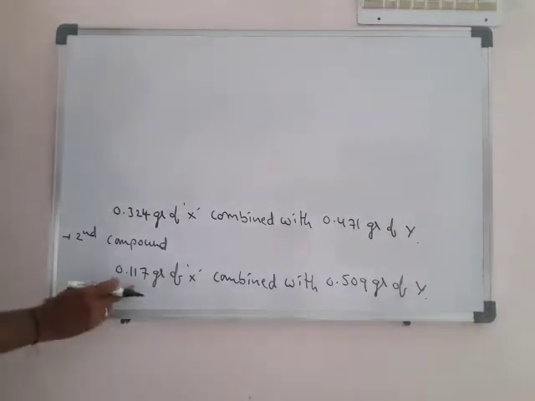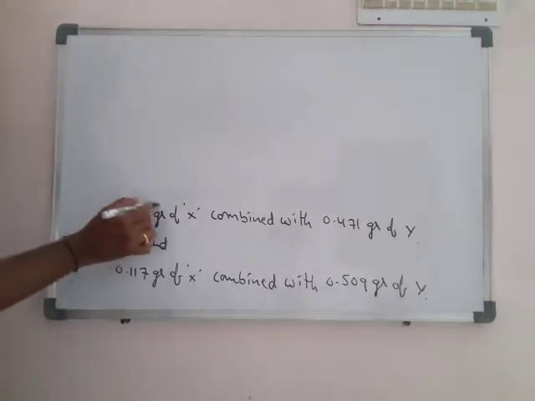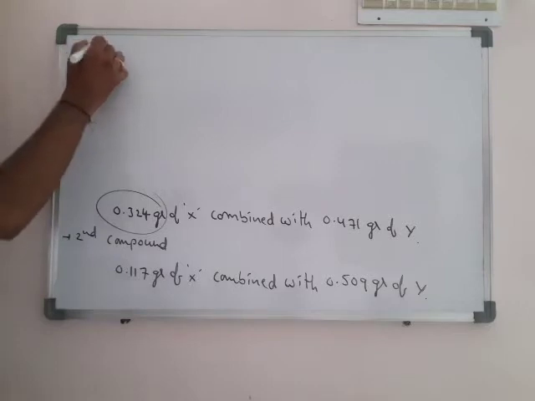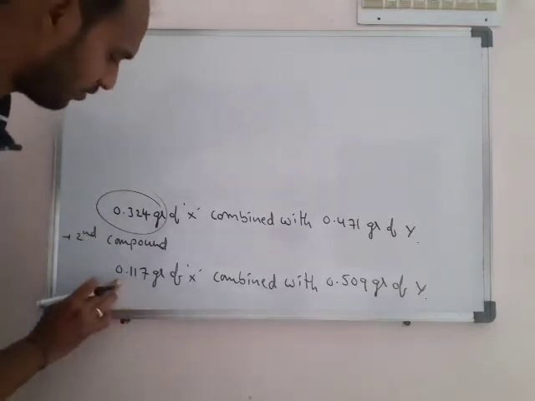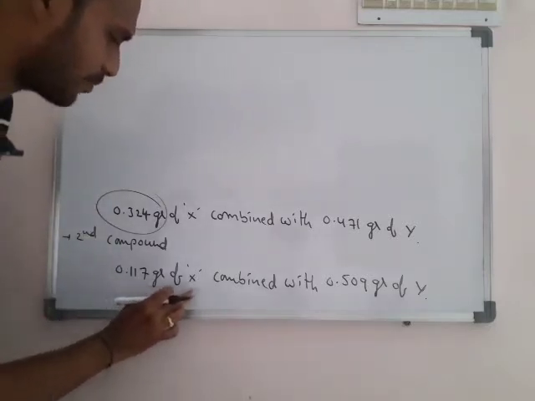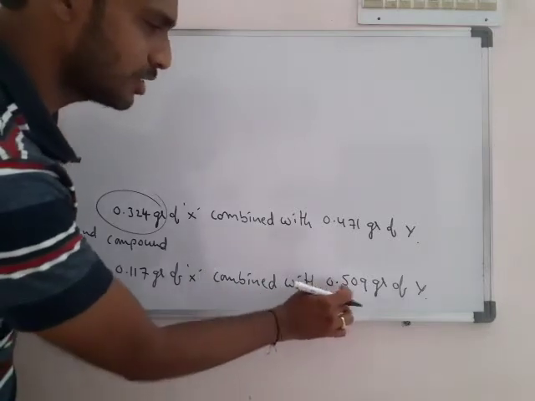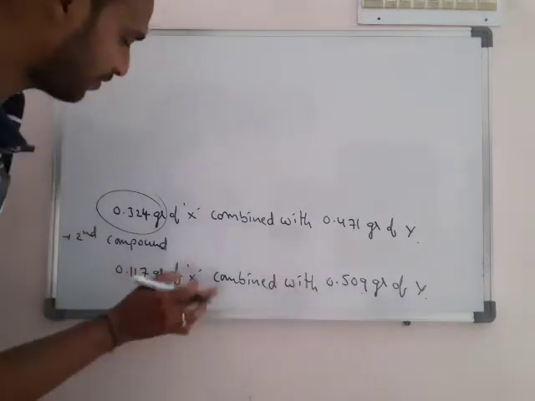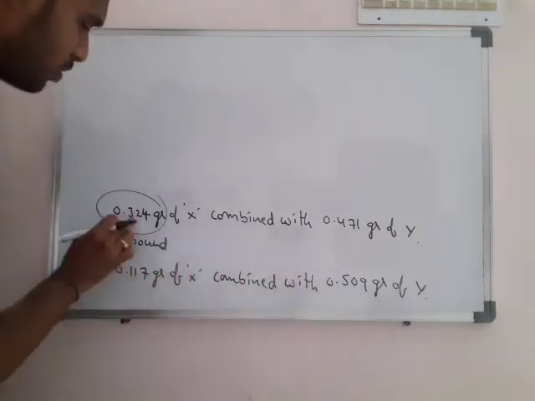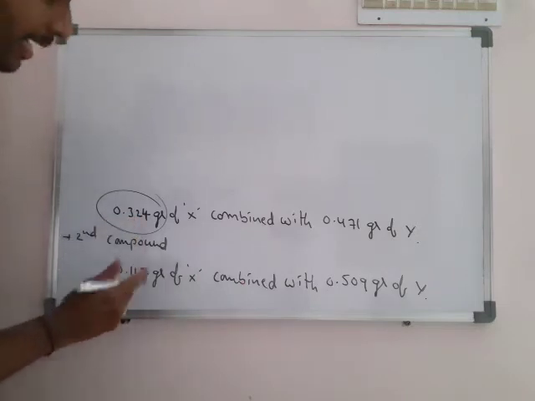See, the second compound కూడా మనం 0.324 తో చెక్ చేద్దాం. So in second compound it is given that 0.117 grams of x combined with 0.509. అయితే ఫిక్స్డ్ అమౌంట్ x తీసుకున్నాం కాబట్టి 0.324 అప్లై చేద్దాం సెకండ్ టైం కూడా.